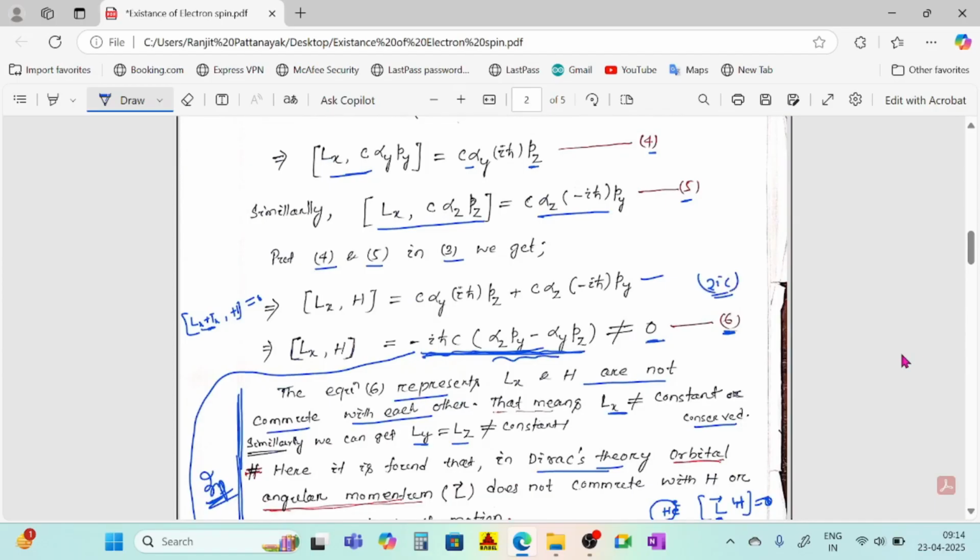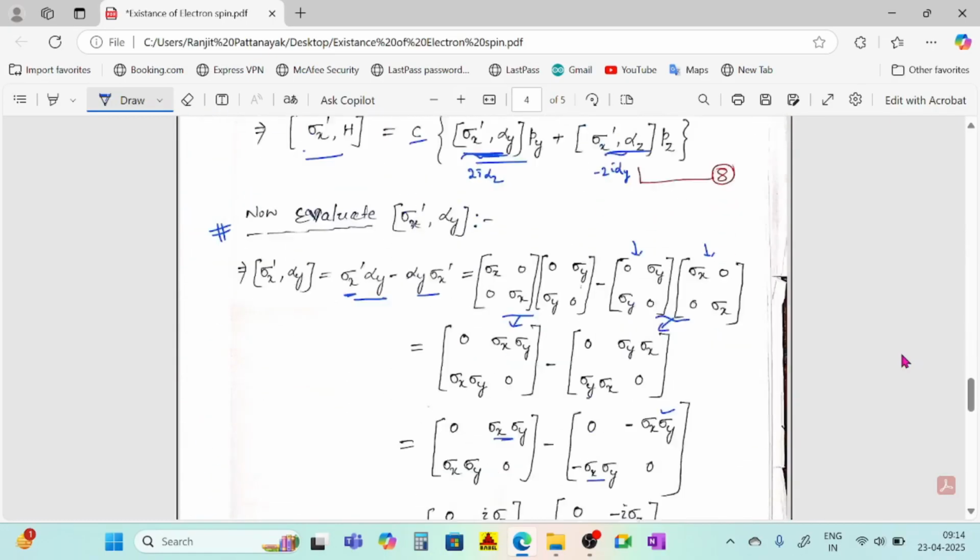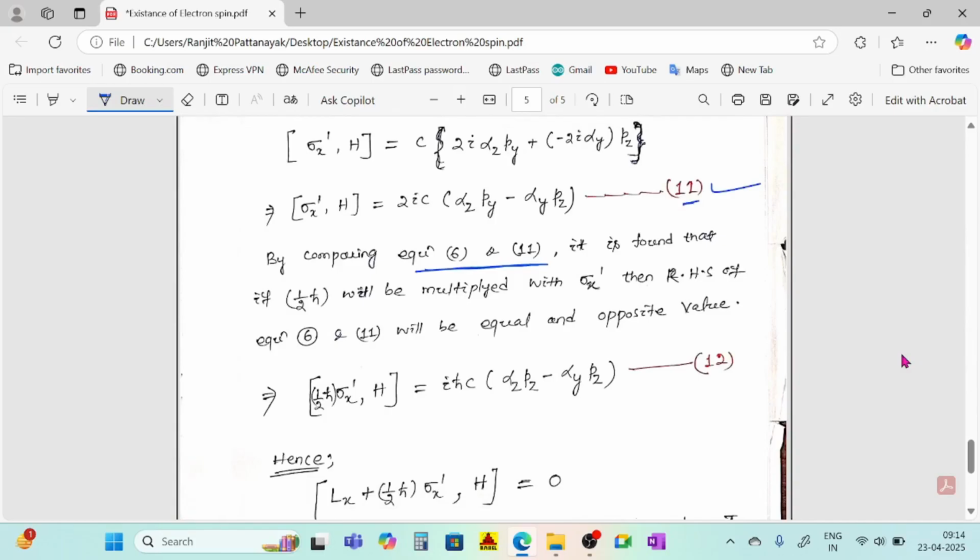If I multiply half h cross with this one, then the half gets cancelled and I get i h cross c. This is minus, that will be plus. So to cancel this term, I have to multiply half h cross with sigma x dash. Got it? The same thing is written.